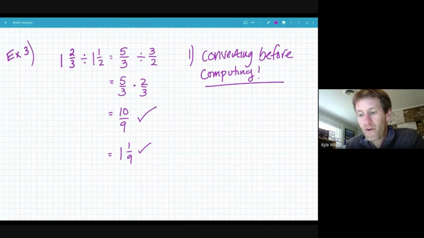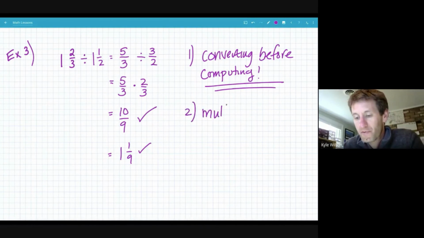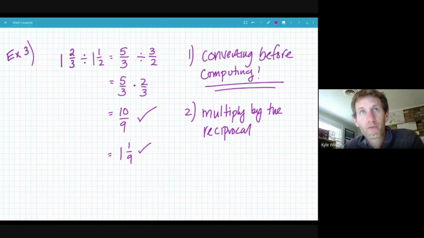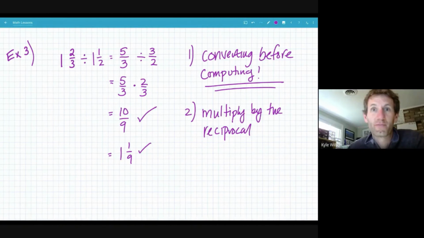So convert all of those mixed numbers before you compute a single thing. The second thing is always going to be multiply by that reciprocal. Remember, that reciprocal is going to be your divisor. It's the second number in the problem. You're not taking the reciprocal of both.